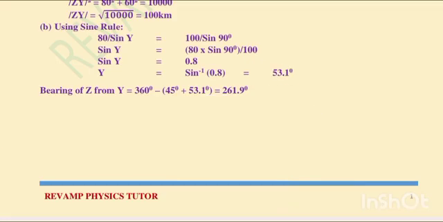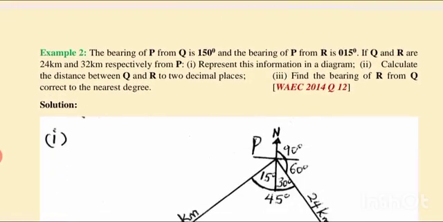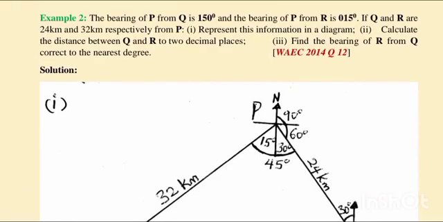Okay, let's move away from this and go to the second question. In this second question, we have to quickly correct something here. The question is the bearing of Q from P, not bearing of P from Q. The question says the bearing of Q from P is 150 degrees, and the bearing of P from R is 15 degrees. If Q and R are 24 kilometers and 32 kilometers respectively from P, we have to represent this information in a diagram.